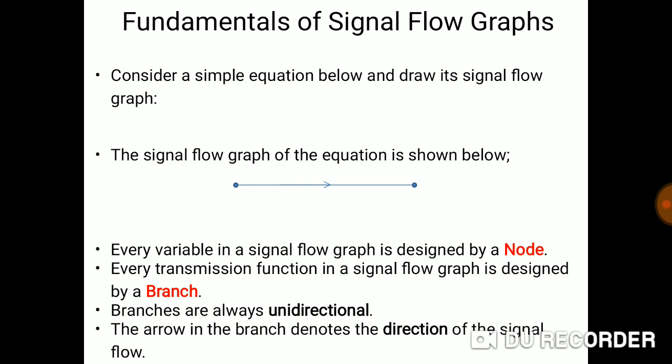Every transmission function in a signal flow graph is represented by a branch. Here, two nodes shown in blue are joined by a directed line, which is called a branch. We must always remember that all branches are unidirectional. The arrow on a branch denotes the direction of the signal flow.